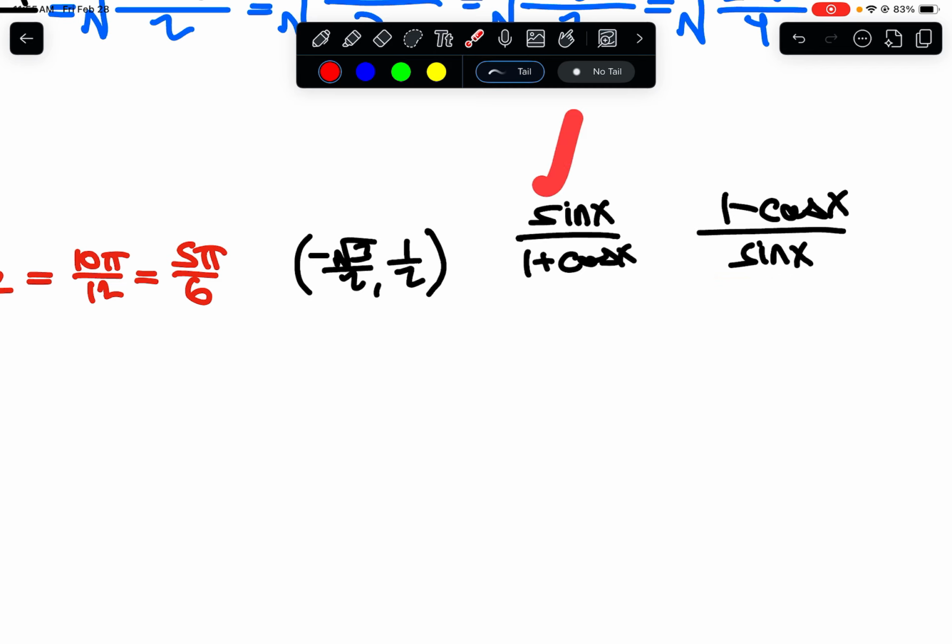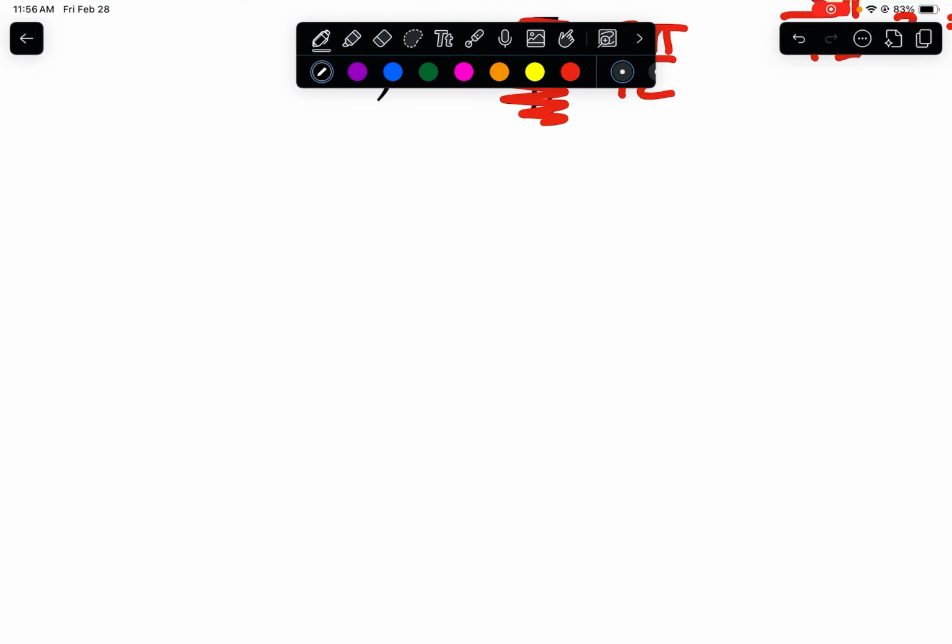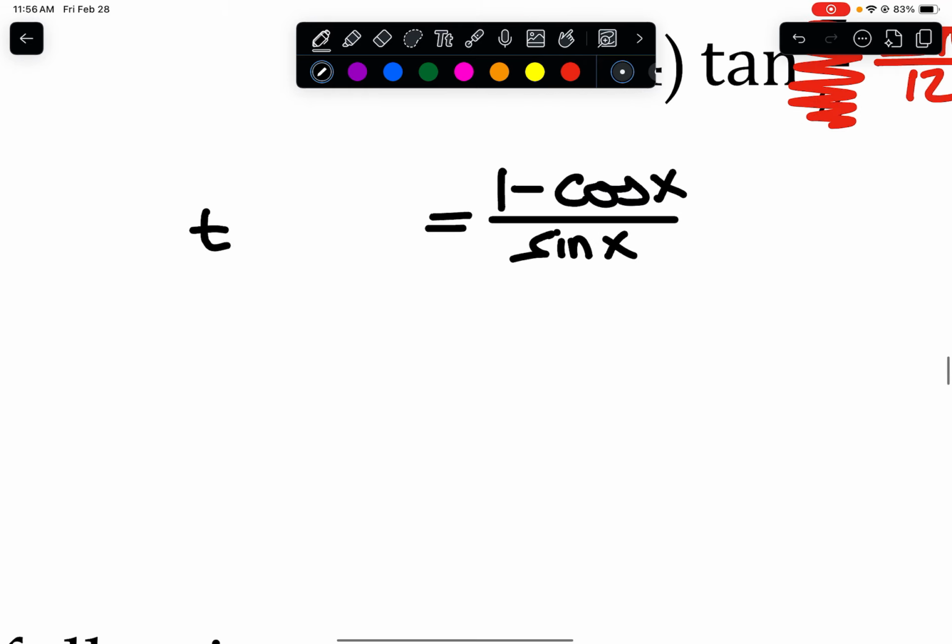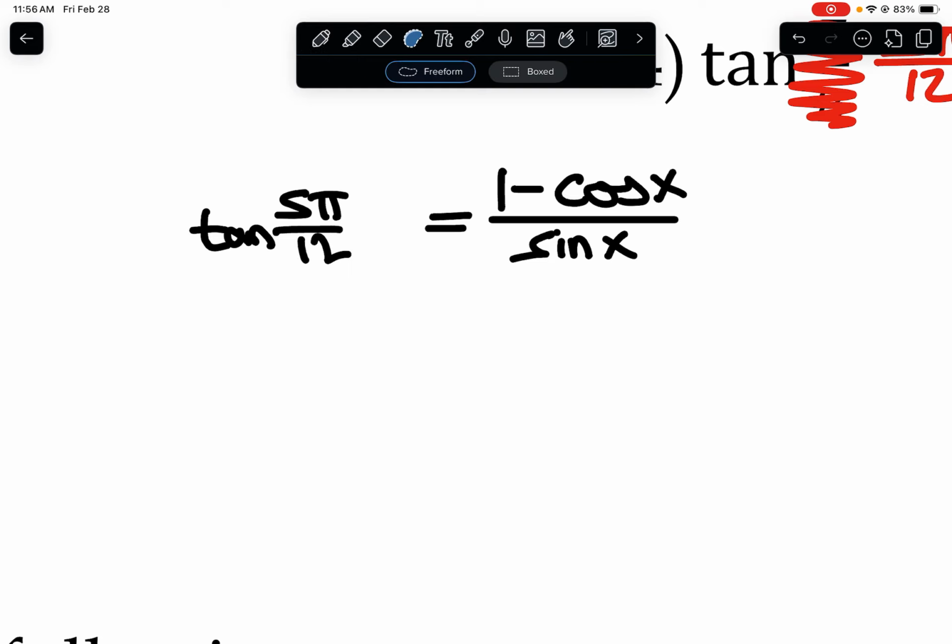You can do sine x over 1 plus cosine x, but the math would be way more intensive. So I'm going to stick to doing 1 minus cosine x over sine x. So I'm doing tangent of 5 pi over 12.